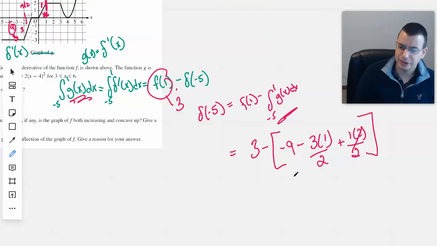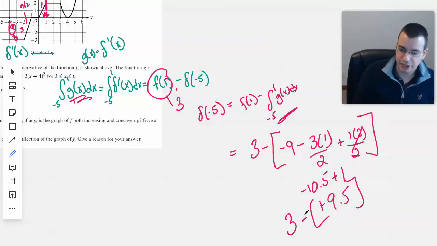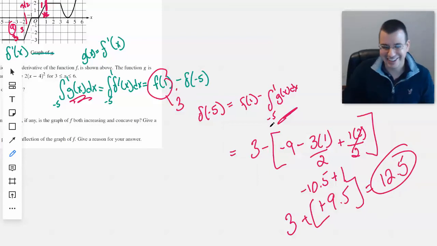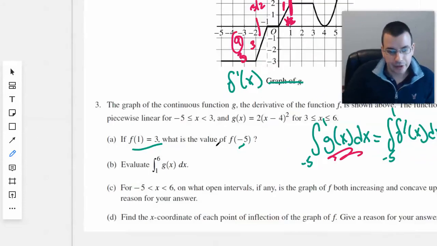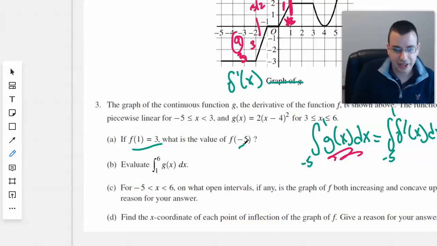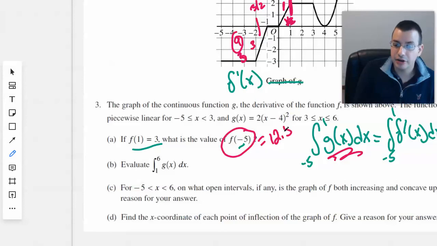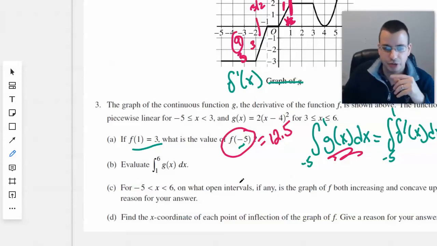So negative 10.5 plus 1 equals negative 9.5. And then 3 minus a negative gives us a positive, which equals 12.5. So the answer to part A is that f of negative 5 is 12.5.